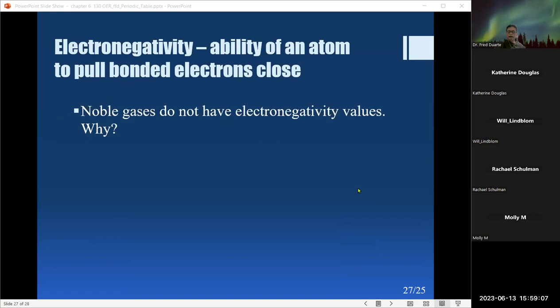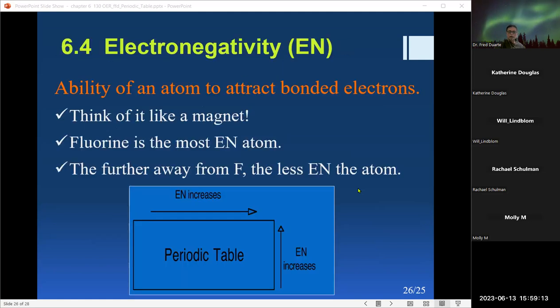All right, so noble gases, again, their octet is full and they're happy. A word about electronegativity: every element has an electronegativity value. One could sit there and memorize electronegativity values, but it's not necessary because we know that fluorine has the highest electronegativity, and if we want to compare which atoms that are not fluorine are more electronegative, we just use the fact of which one is closer to fluorine, because the trend is that from left to right it increases, and from the bottom to up it increases.